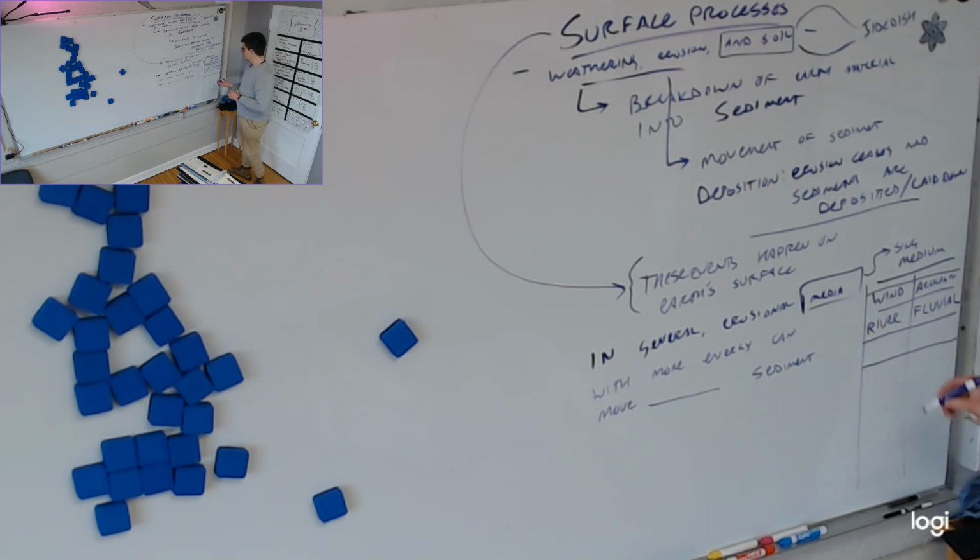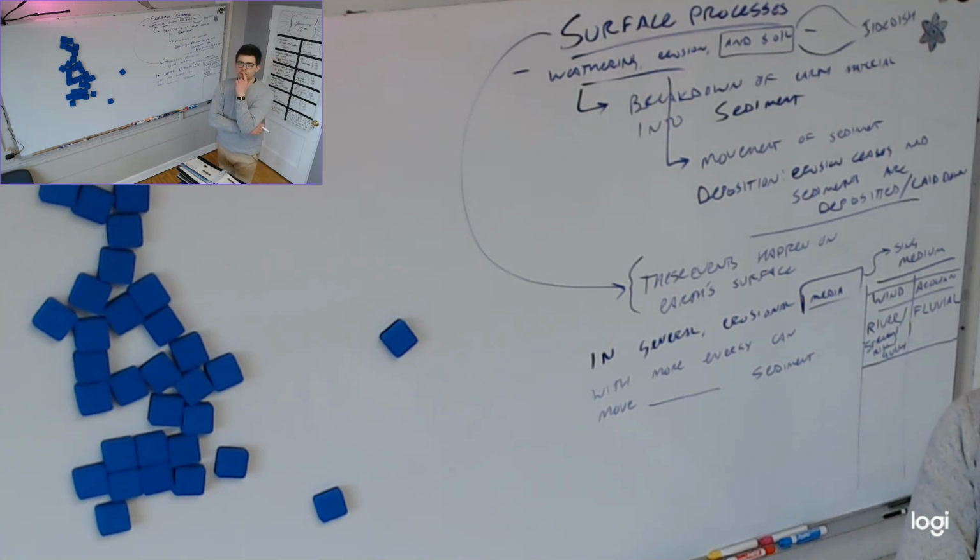Like a stream. Okay, stream, and we do have words for stream and what we call rill and gully, which are just kind of smaller versions of fluvial. Those are all fluvial erosion: river, stream, rill, gully. I put them in a weird order, but really, a rill is kind of like, I can see a rill outside right now.